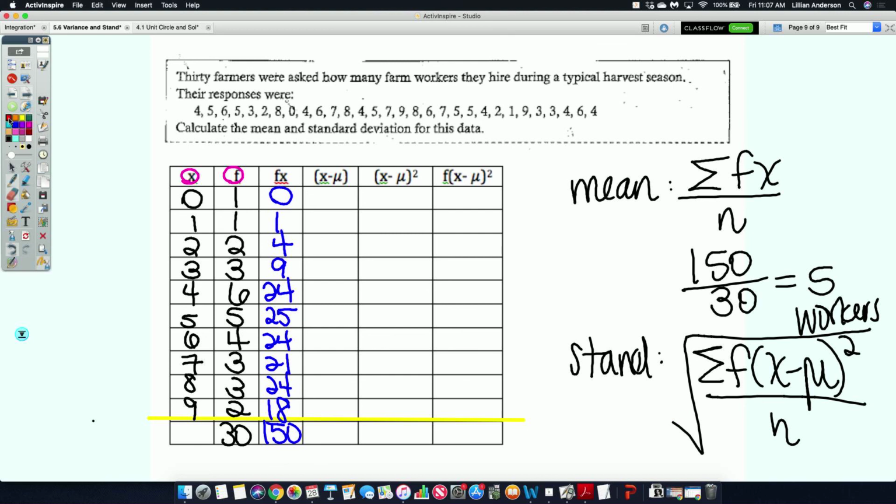So let's subtract my x's from my mean. So that's my original x value subtracted from my mean, which was what again? 5. So then this will be negative 5, because it's 0 minus 5. Negative 4. Negative 3, negative 2, negative 1. Nicely, these numbers are just increasing by 1, which is causing the difference between those and my mean to go in a nice sequential order.